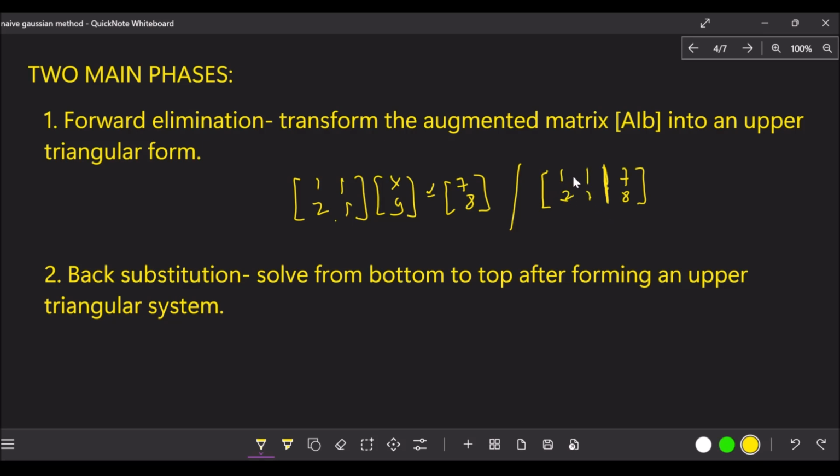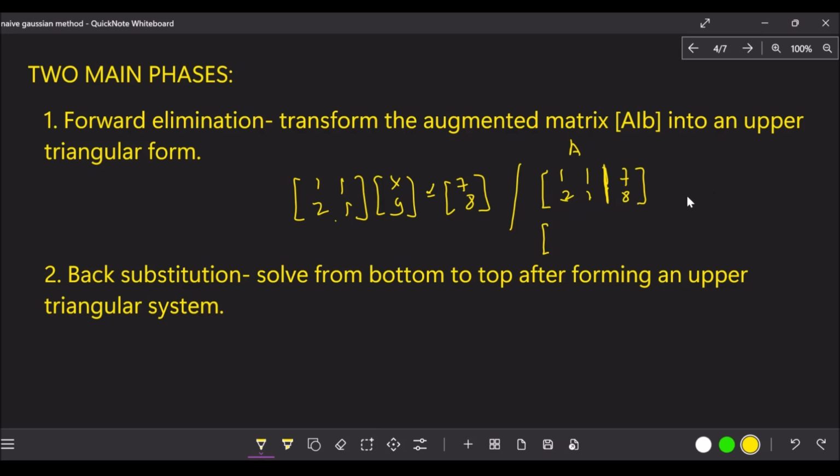Now this is our A, the coefficients. We need to make this into an upper triangular matrix. To do that, we must find a way that this 2 will become 0. So we need to find a way that the first row, when added to or subtracted from this row, makes our 2 become 0.